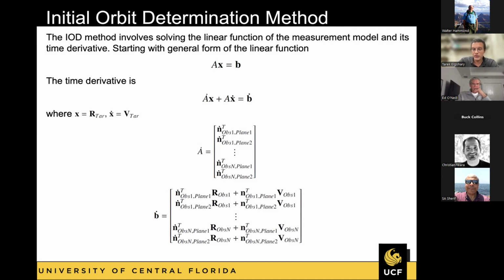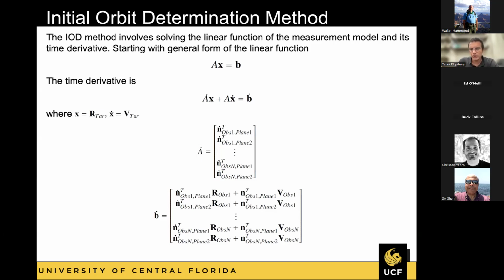This is all a function of these normals coming from angles-only measurements and the positions and velocities of the observers. Now, for initial orbit determination, even though we can introduce uncertainty in the observers' location, we assume that they are deterministic.